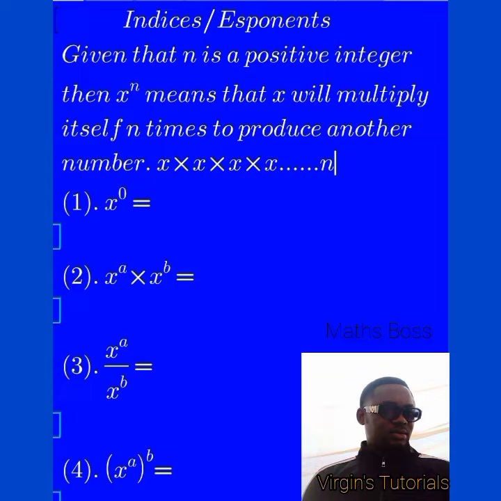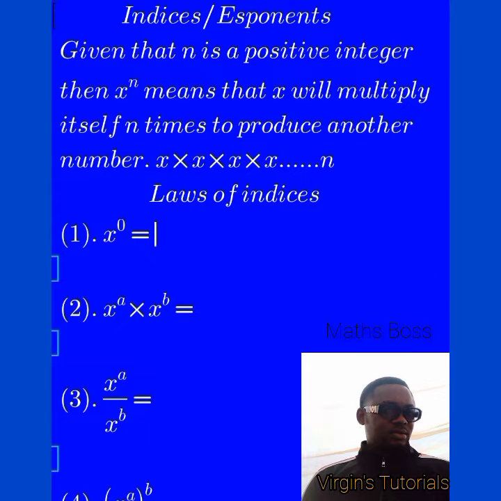So it shows that our positive integer n is not known, so we are to multiply x by itself n times to get our value. But we know that this multiplication must be infinite, because n is not known.